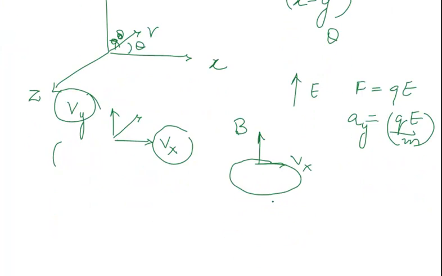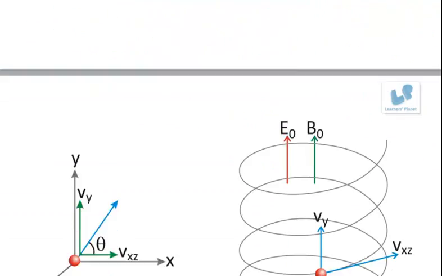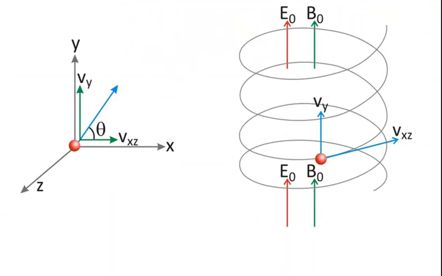Now if you combine both the motions, that is in the xz plane and in the y direction, it is some kind of a spiral with increasing pitch.